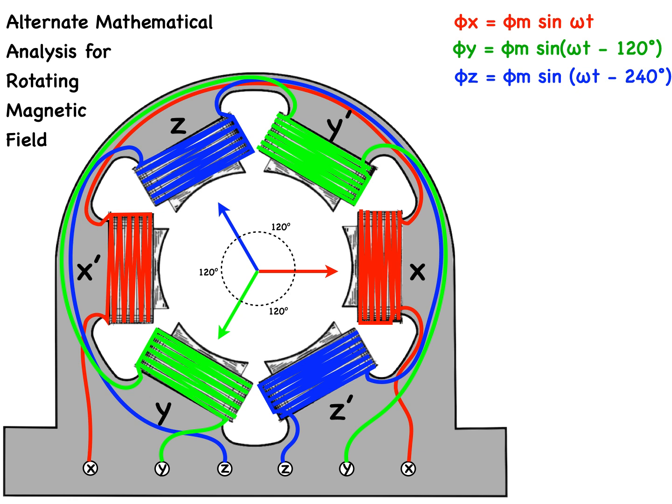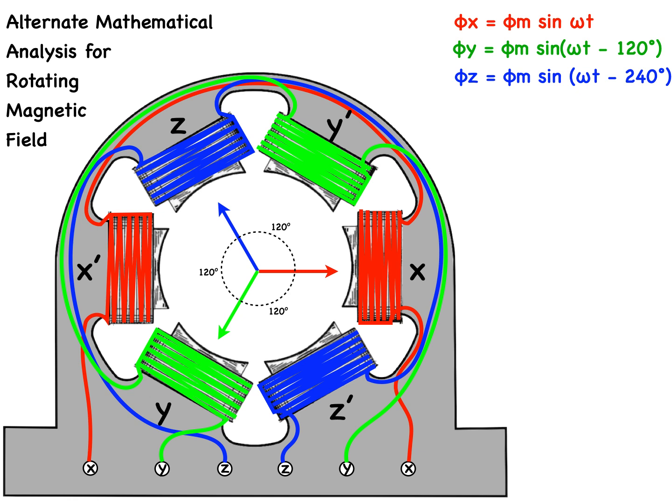As you can see, the fluxes are represented by 3 variable magnitude vectors. The individual flux directions are fixed by the physical positions of the coil, which are separated by 120 degrees. But their magnitudes vary sinusoidally, as do the currents that produce them.